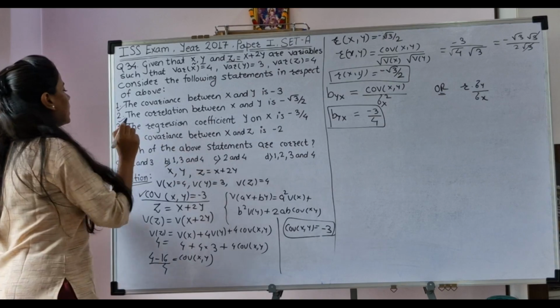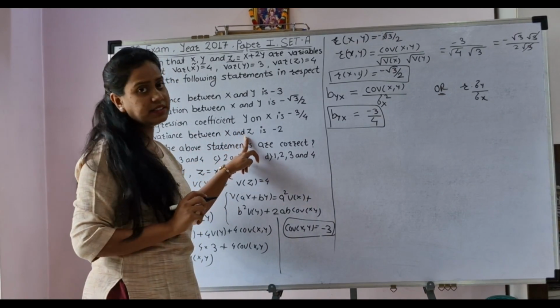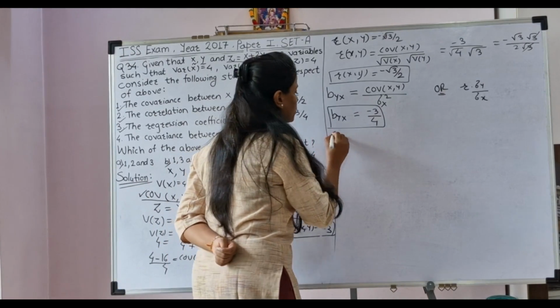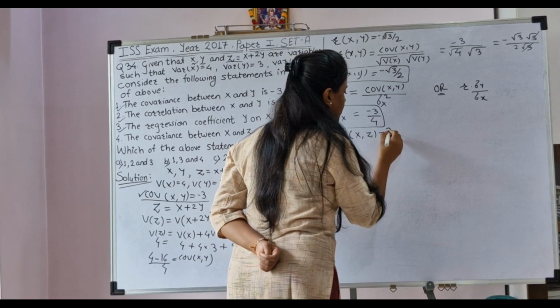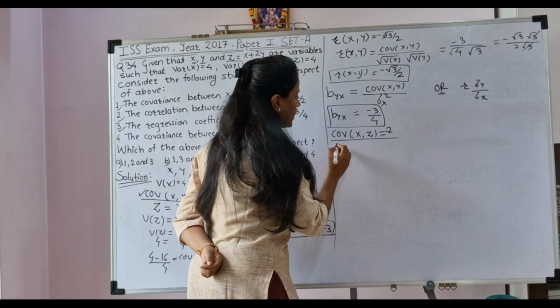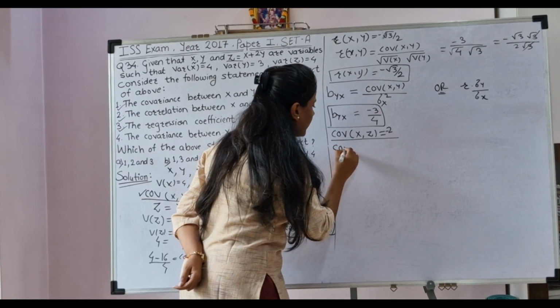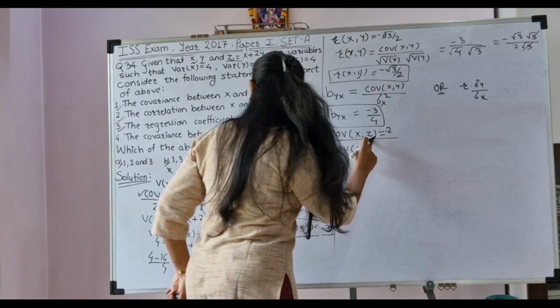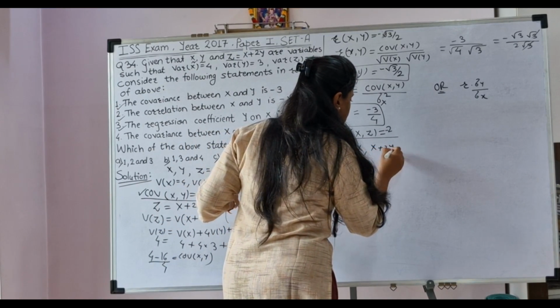Now the last one: covariance between x and z is minus 2. So let's check whether covariance of x and z is minus 2 or not. How can we do that? Let's put the value of z here. Covariance of x and z, where z is defined as x plus 2y.